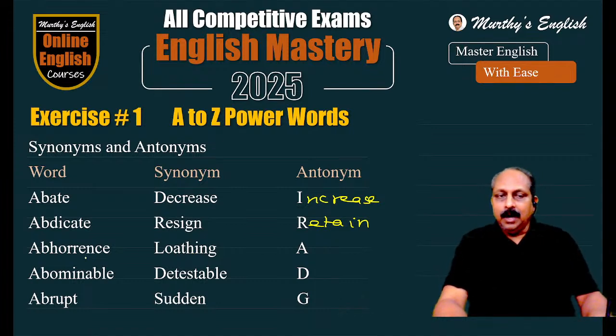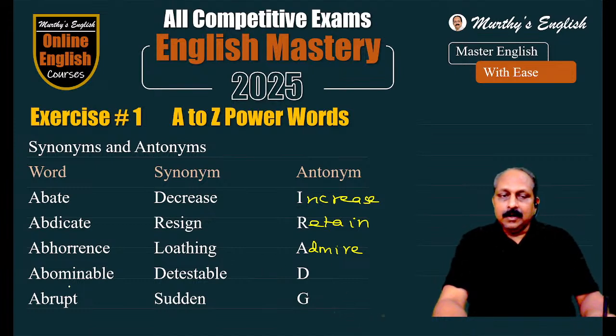And here we have abhorrence, synonym, loathing, and what is the opposite? These may take some time. I'll give you a few seconds. Very good. Who is this Shushma? I appreciate that. Admire. Wonderful. That is a word.